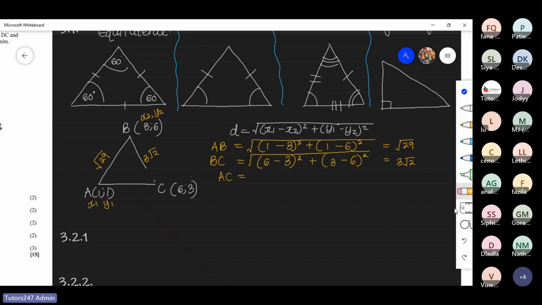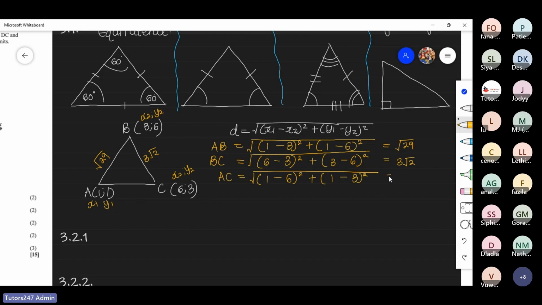Because I don't want to have both y1, y1, x1, x1, so I'm going to make that x2, y2. So this is now going to be x1, which is 1, minus x2, which is 6, squared, plus y1, which is 1, minus y2, which is 3.